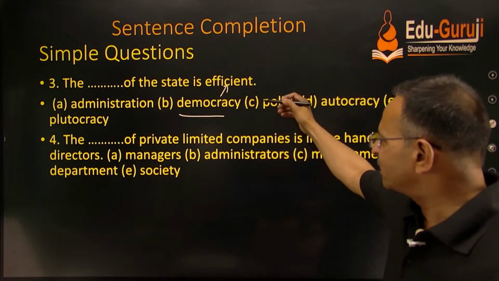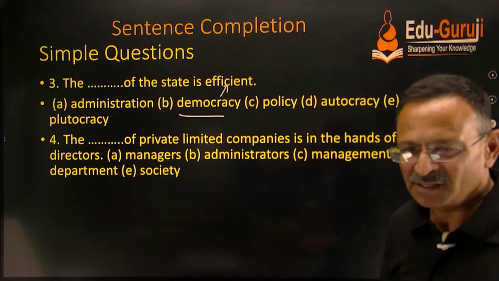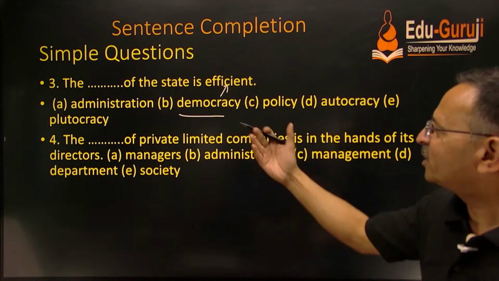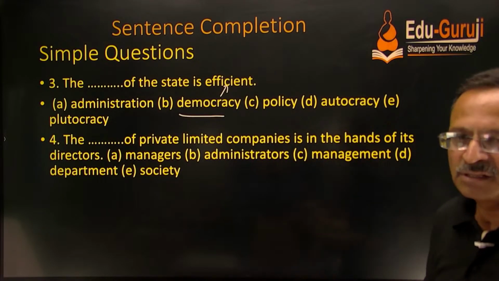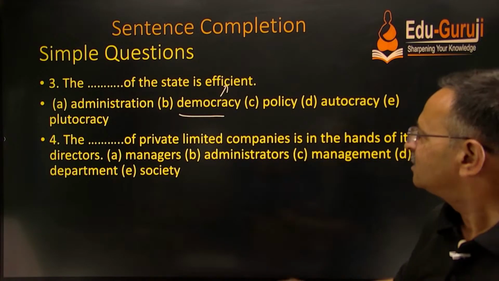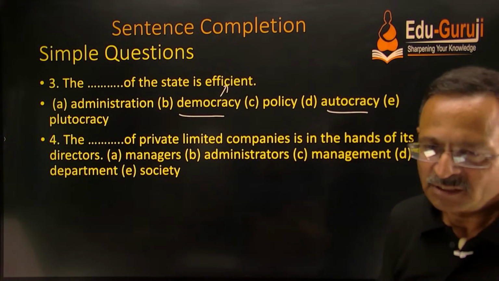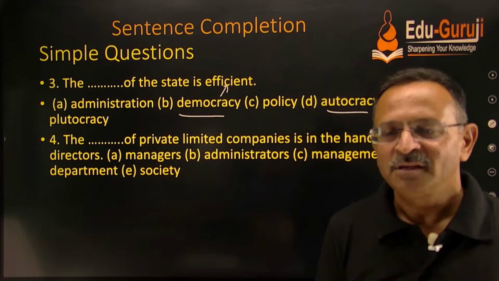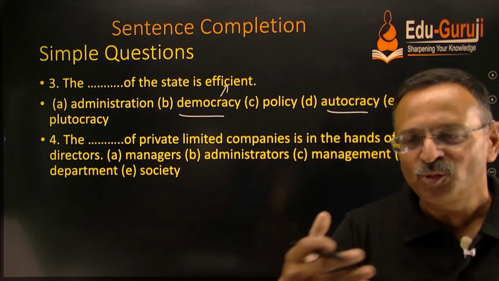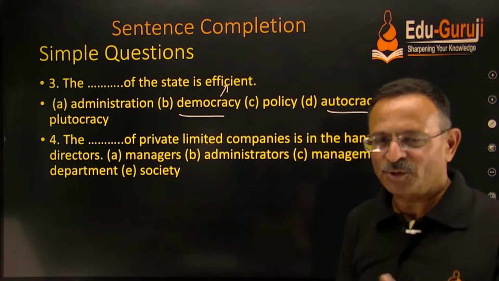You can have a democracy is efficient. The democracy of the state is efficient. It doesn't go well. Then of course autocracy is something which is governed by one person, one who rules the country. That is autocracy.